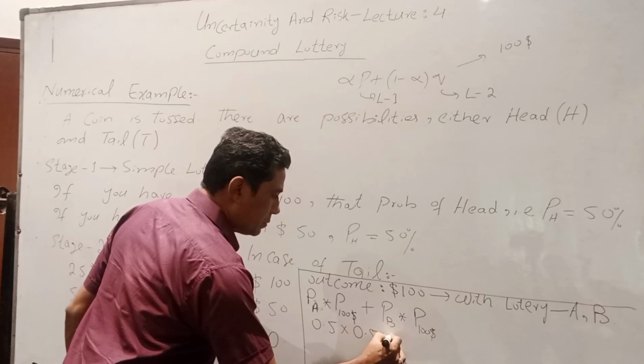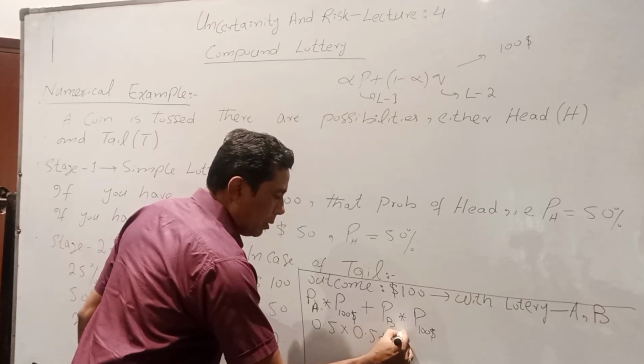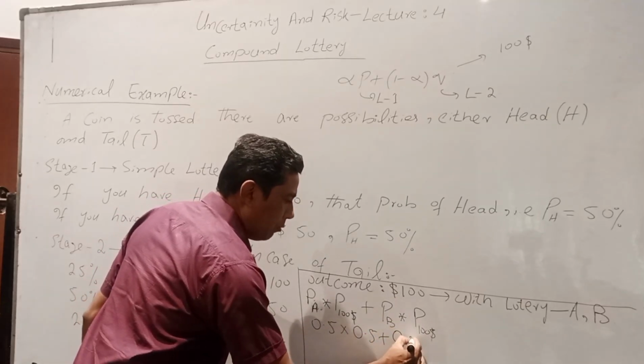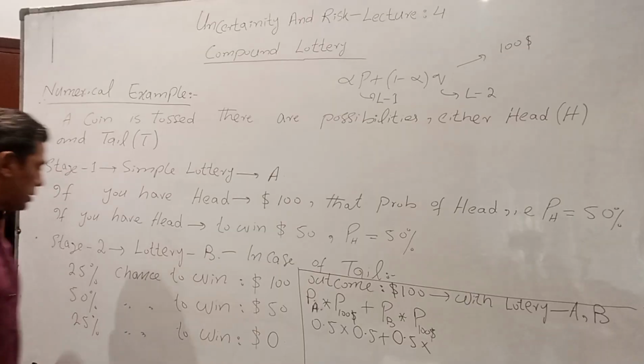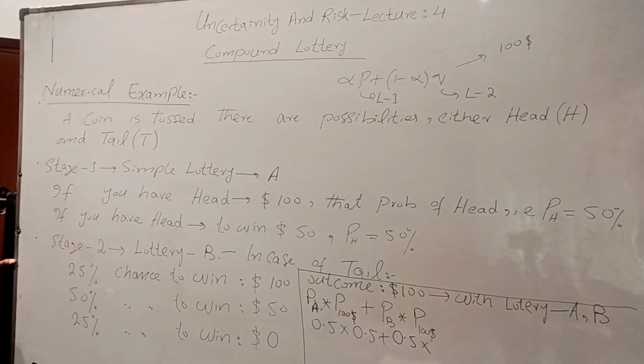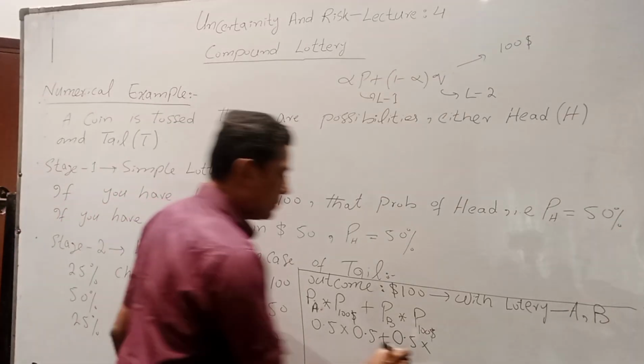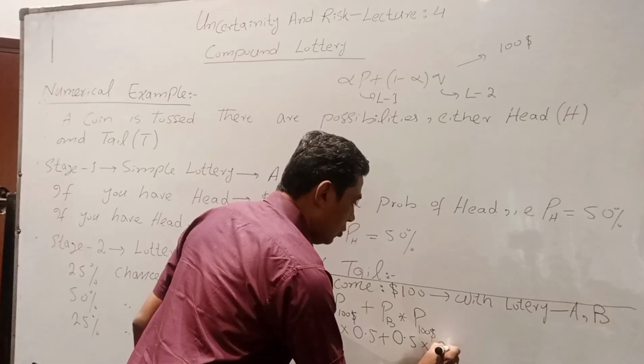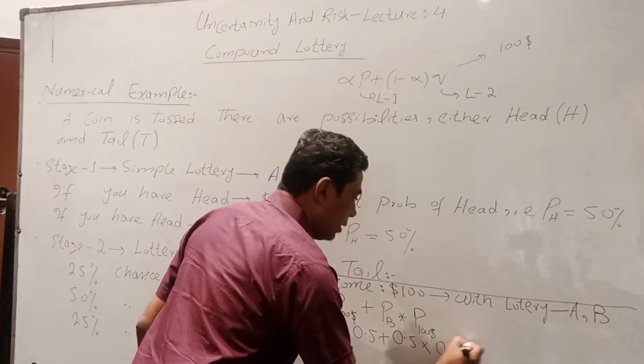Now plus, to play lottery B is 0.5, and in case of lottery B to get $100 is 25%, so it means 0.25.